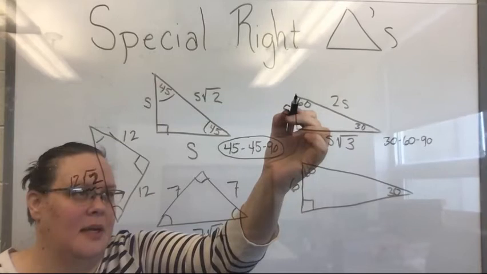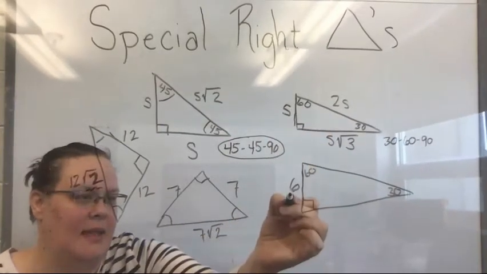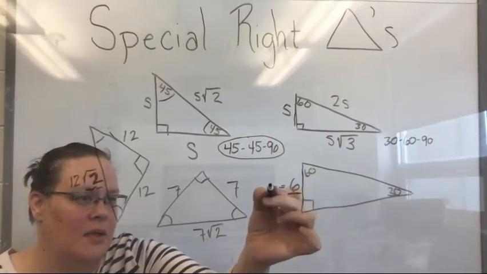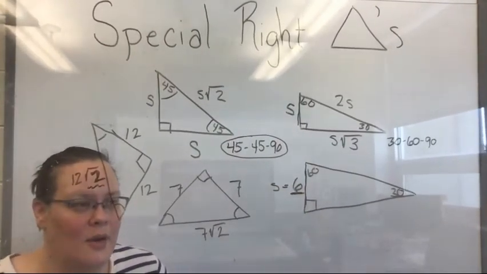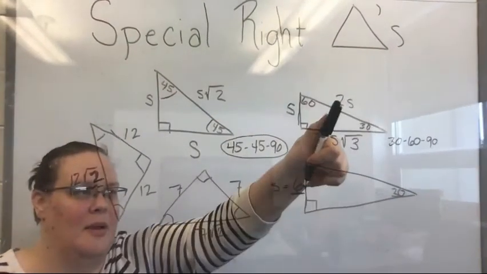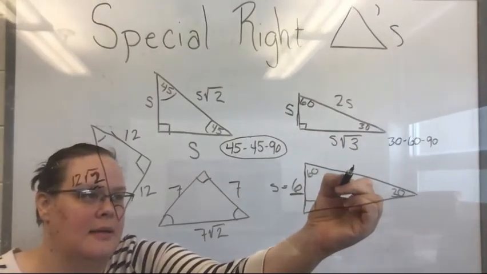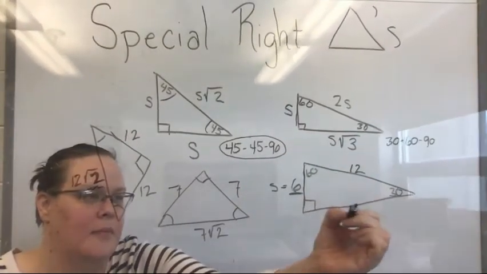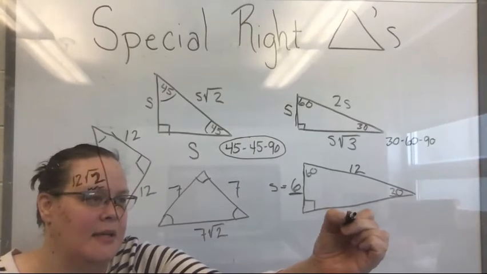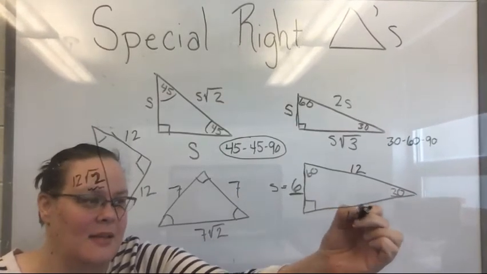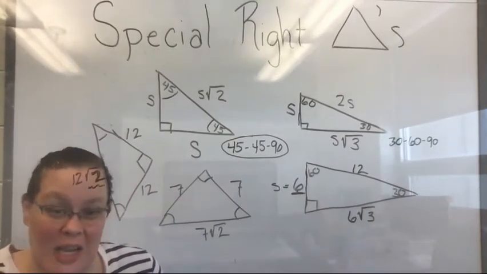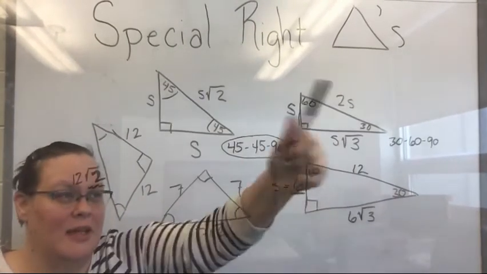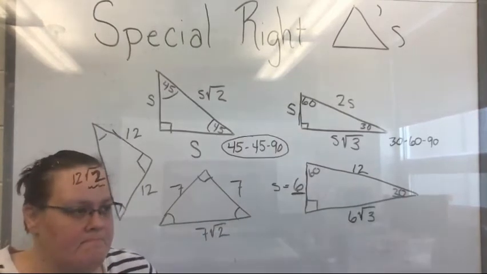And so if I look at my example and find that side, then this is going to be our S value. So if I know that that is my S value, I can follow my pattern. Well, 2S is 12. And this last side is going to be 6, or S, times the square root of 3. Again, use the Pythagorean and check it, but otherwise, by these relationships, we can know it.